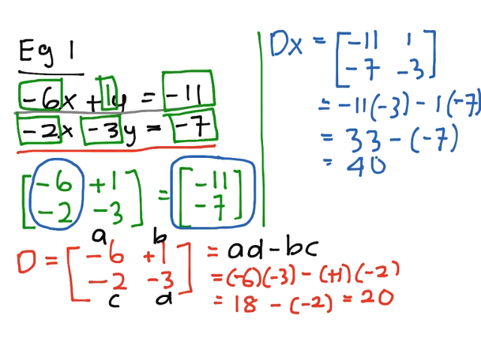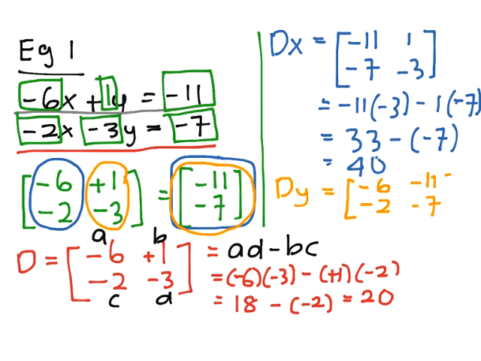And then I'm going to go with dy. The last value that we need to come up with is dy. The same thing for dy, we need to substitute this matrix into the y column. So we will have the matrix -6, -2, and substituting into the y column, we have -11, -7.